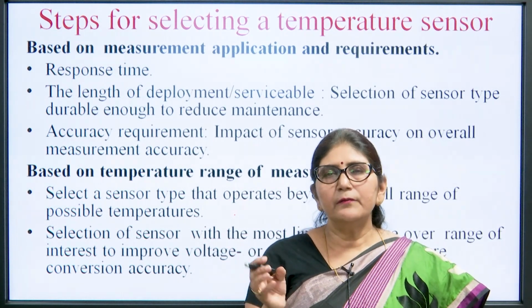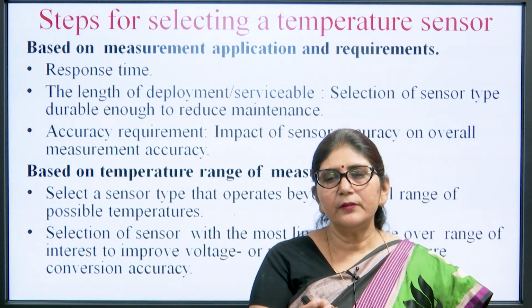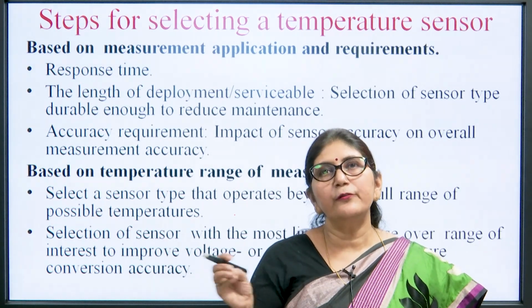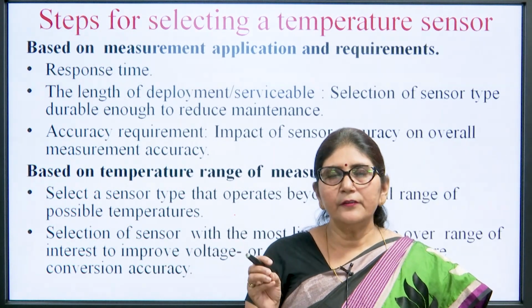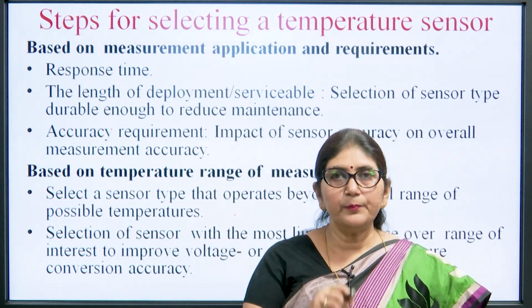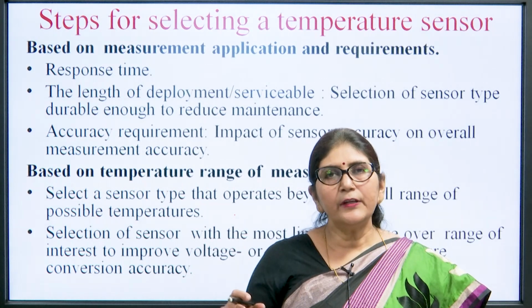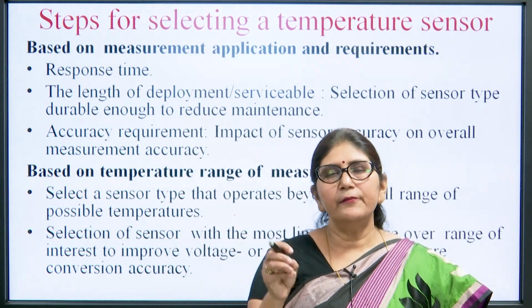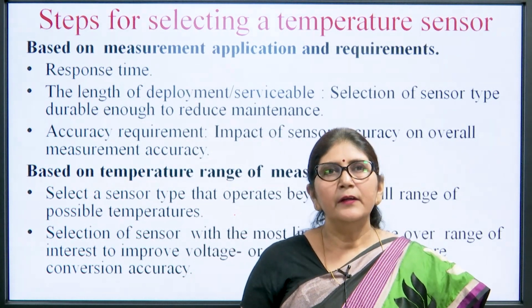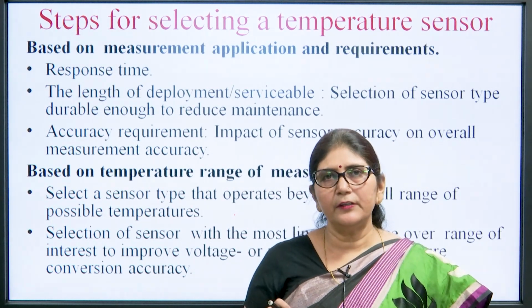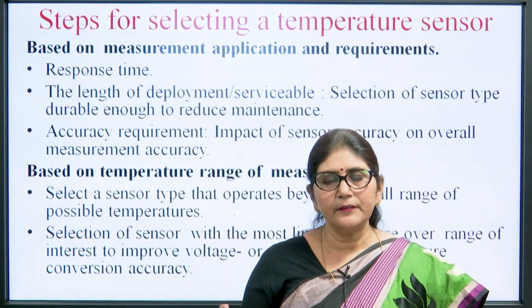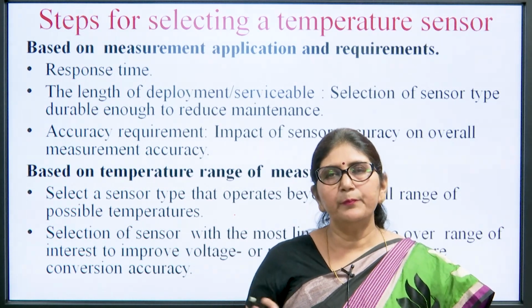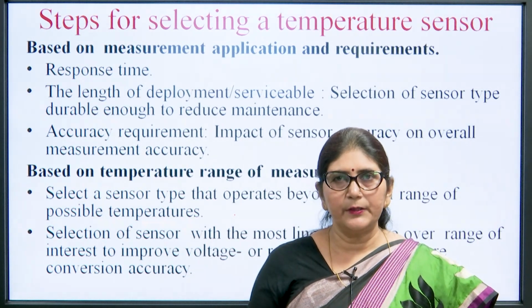Suppose we want to measure a temperature varying by 0.01 degree, then our sensor should have the capability to measure that, and it should have the same accuracy for the overall range. Then, based on the temperature range of the measurement, we have to select a sensor that can operate over the full range of possible temperature.